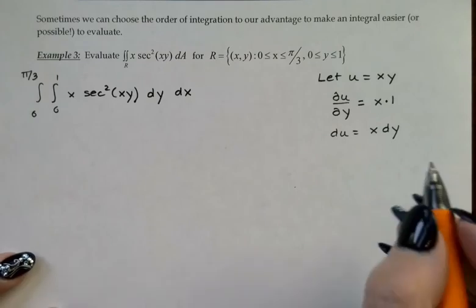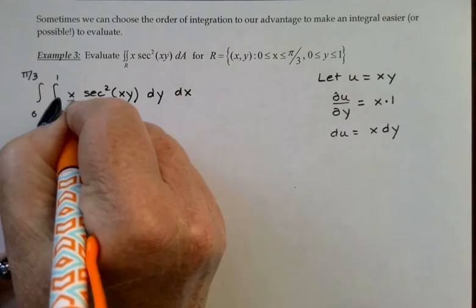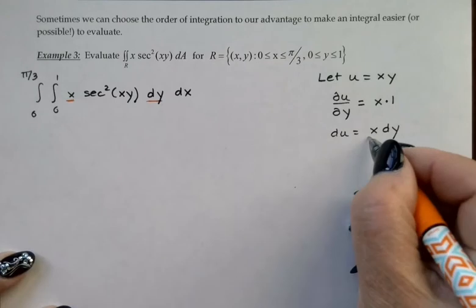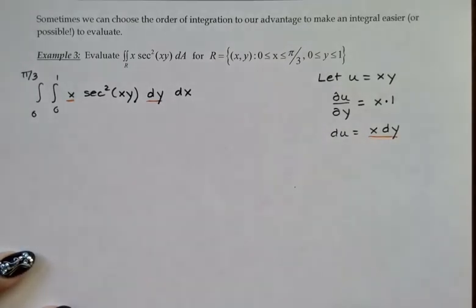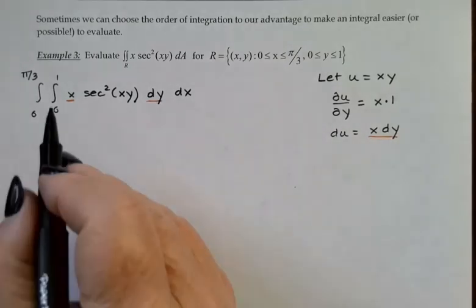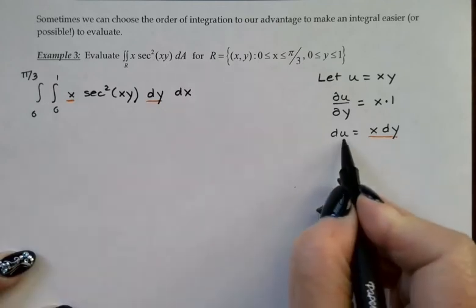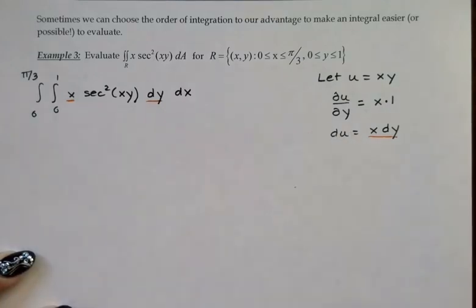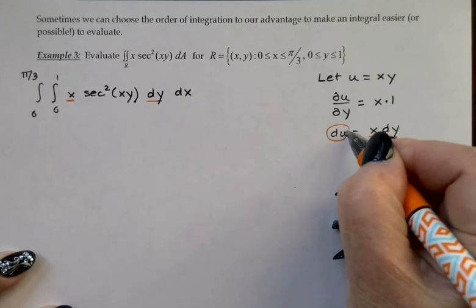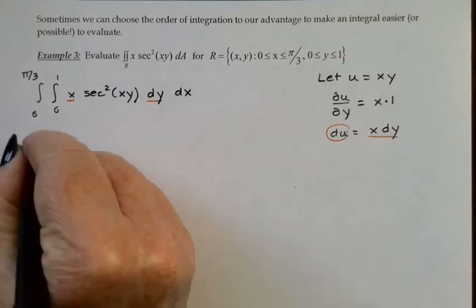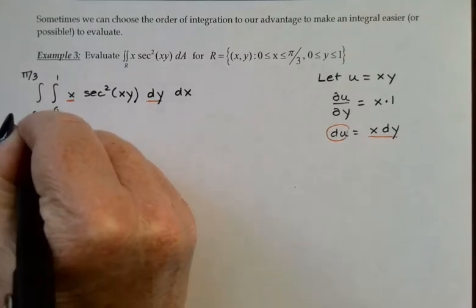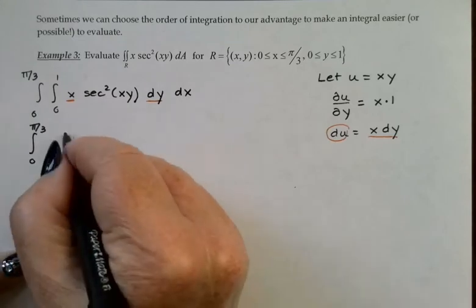All right. I have an x dy right over my integral. So I'll make my U substitution and replace that x dy with the du. So I still have this outer integral from 0 to pi thirds, saving it for later.